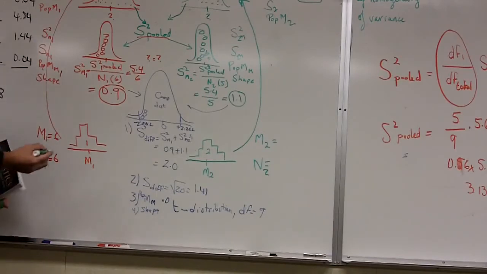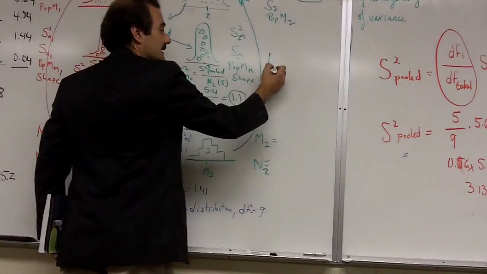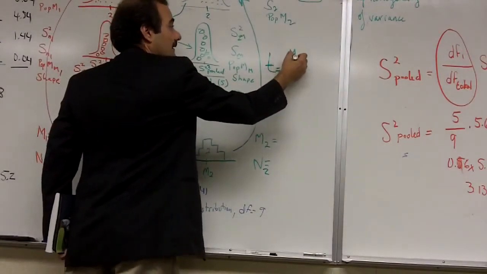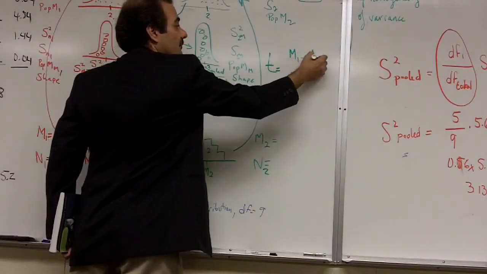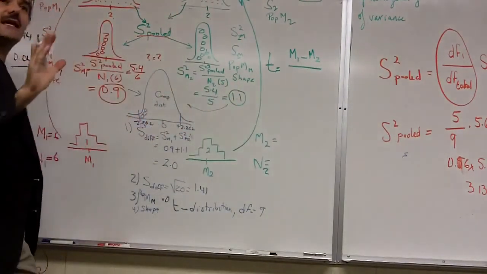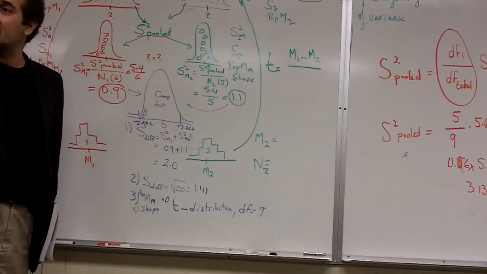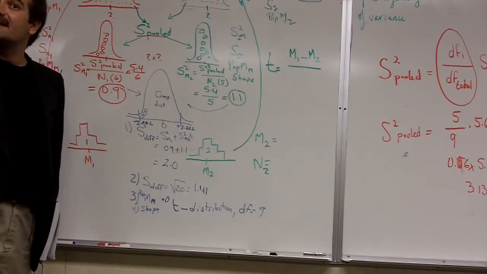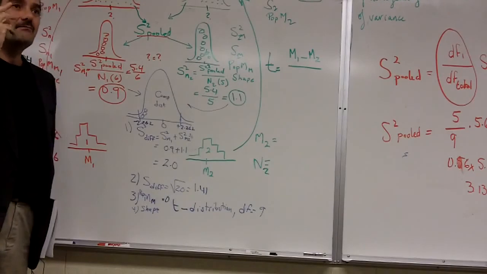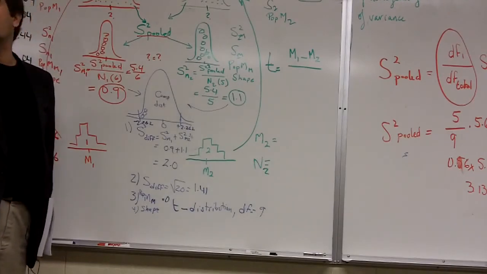So you can say your t now is equal to mean 1 minus mean 2 over, now you're basically doing the same old stuff. You're asking, is the difference between these two scores significantly big enough using what yardstick?